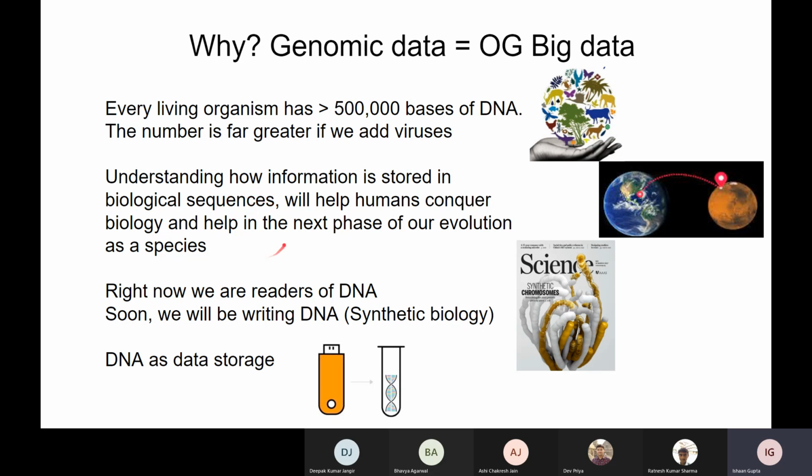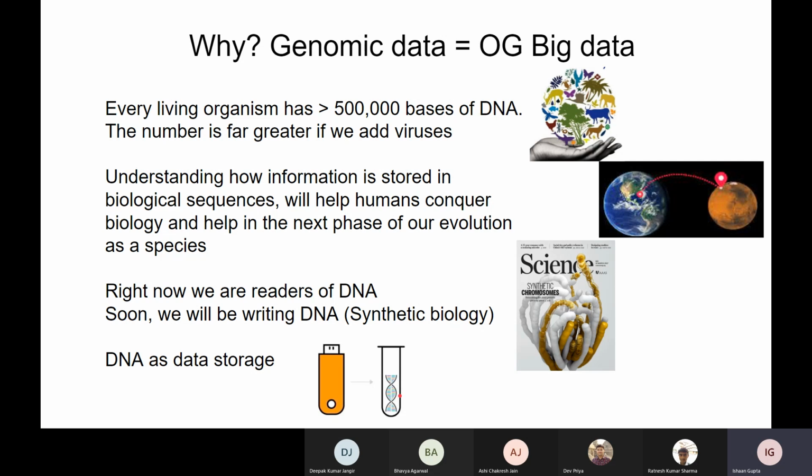Then people are also trying to find out whether organisms can grow in outer space, and how that would look. And for the past 5 or 6 years, DNA has also been proposed as a storage device because you can store much more data in DNA than on computer chips.